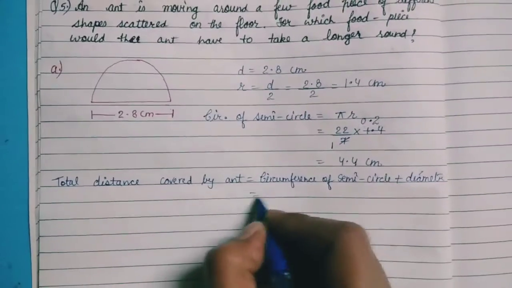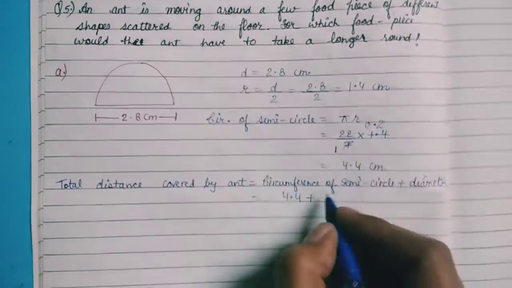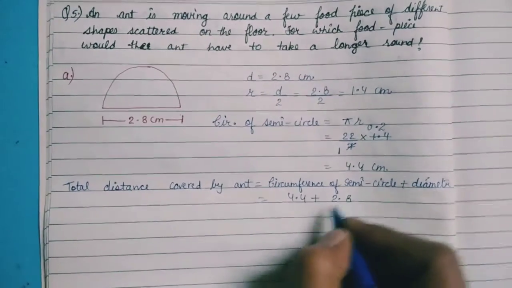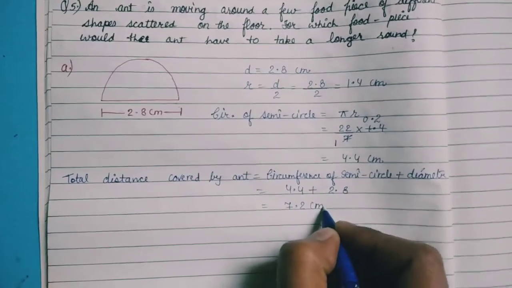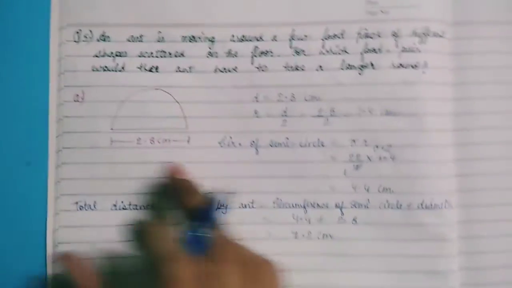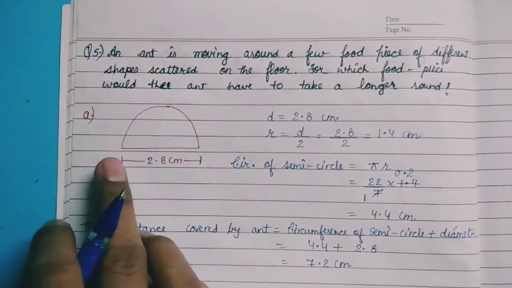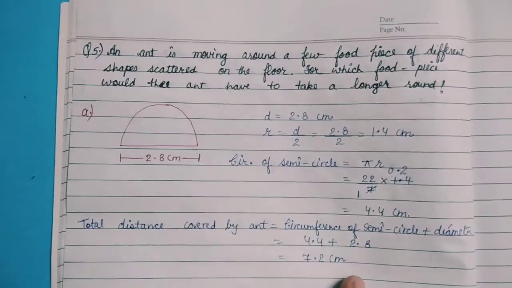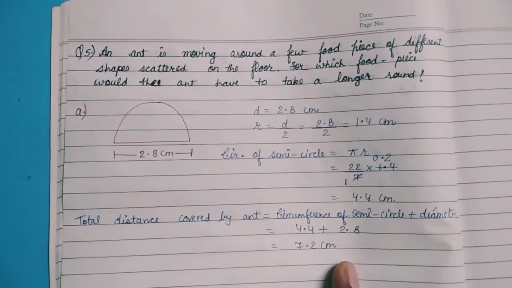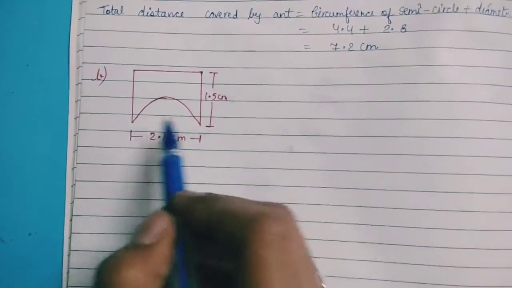Okay, circumference of semicircle is 4.4 and diameter is 2.8. When we add them, we will get 7.2 centimeter. It means for collecting the food of the semicircle with diameter kind, the ant travels 7.2 centimeter.